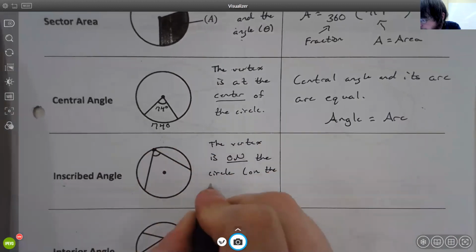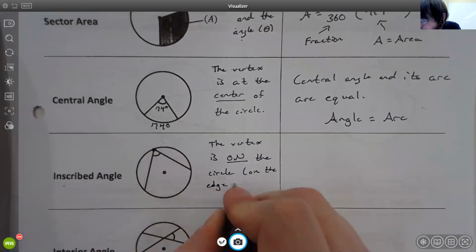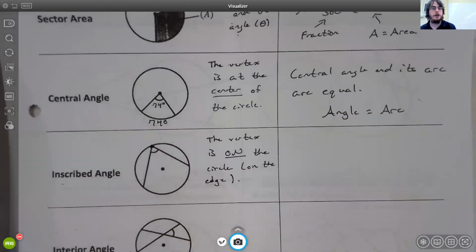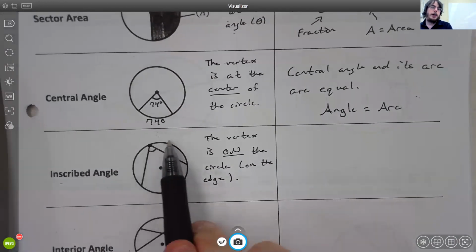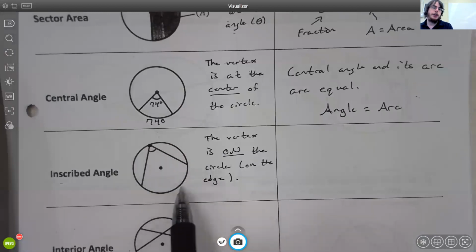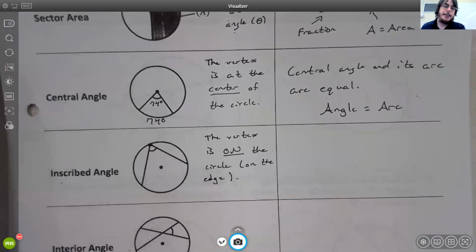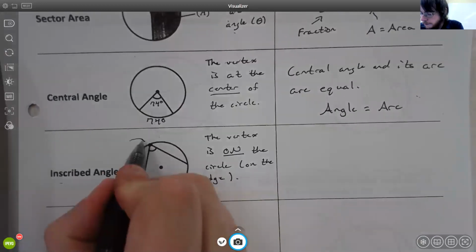So it's on the edge of the circle, part of the circumference. Anywhere you have an angle with a vertex on the circle's edge, it is an inscribed angle.